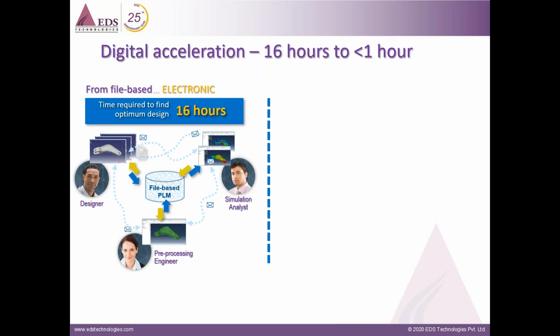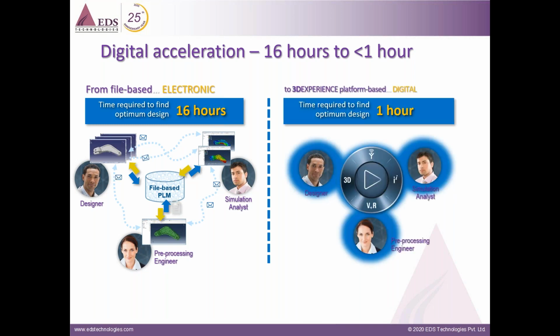If this has to be done, it might take easily 15 to 16 hours if your applications are desktop in nature, such as CATIA V5, Abaqus, HyperMesh, or ANSYS. Suppose you are adopting the 3DEXPERIENCE platform, the entire activity can be done in 1 hour. There is a drastic reduction from 16 hours to 1 hour because of the digital acceleration.